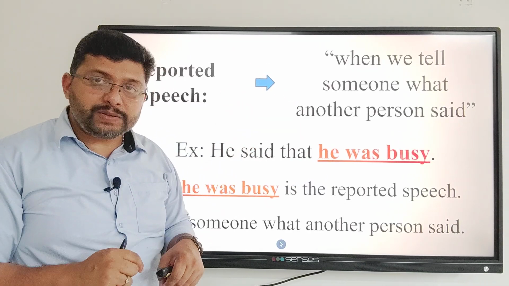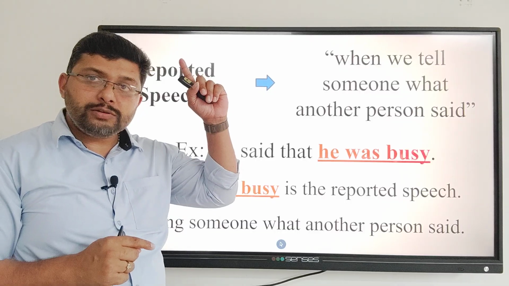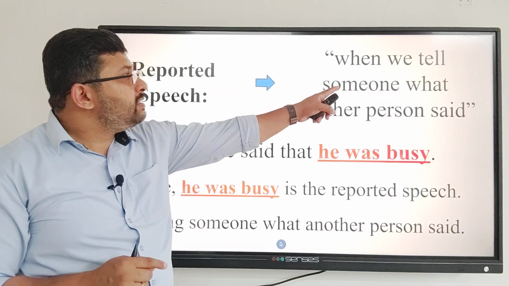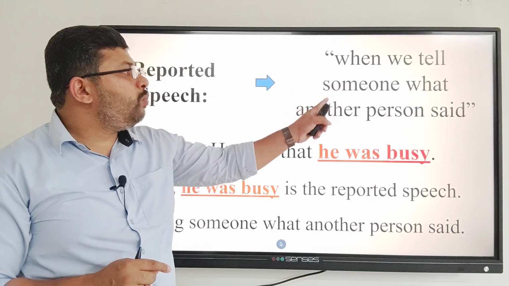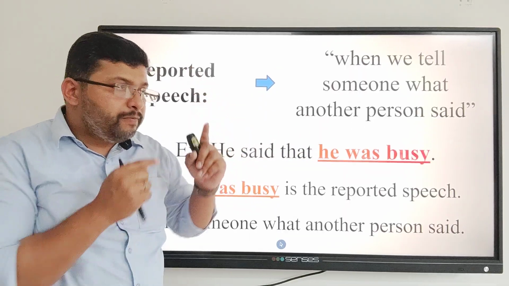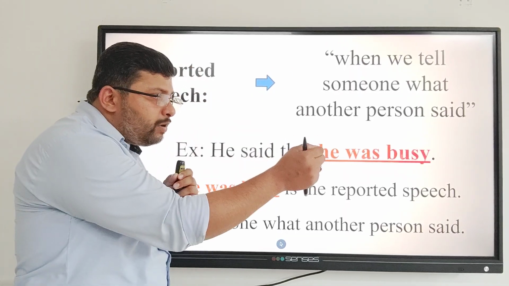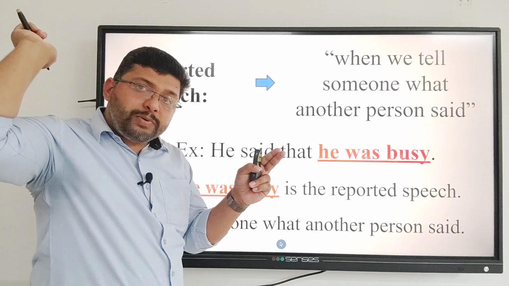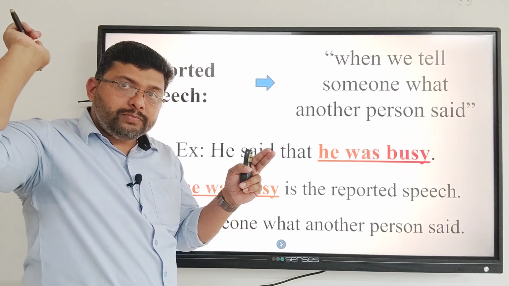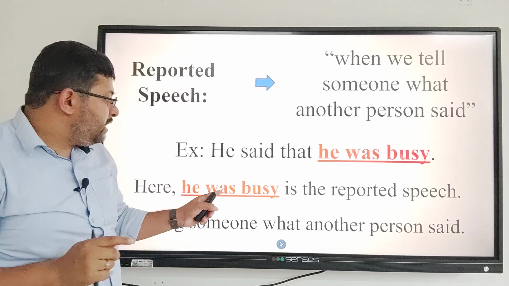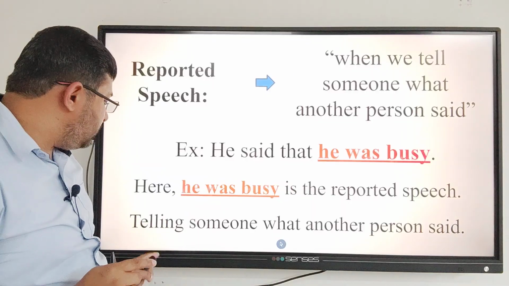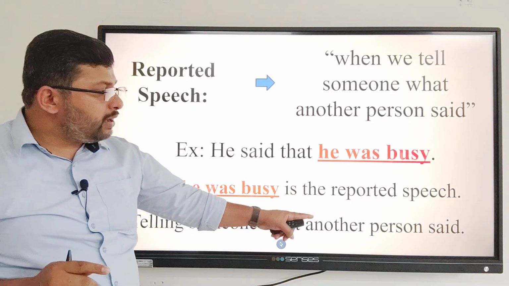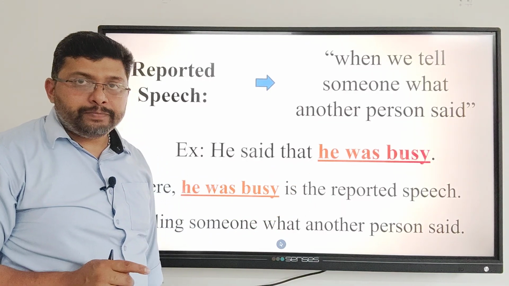Not "I am busy", but "he was busy". That's why it says we tell someone what another person said. We are telling someone what a third person spoke. Here, "he was busy" is the reported speech.